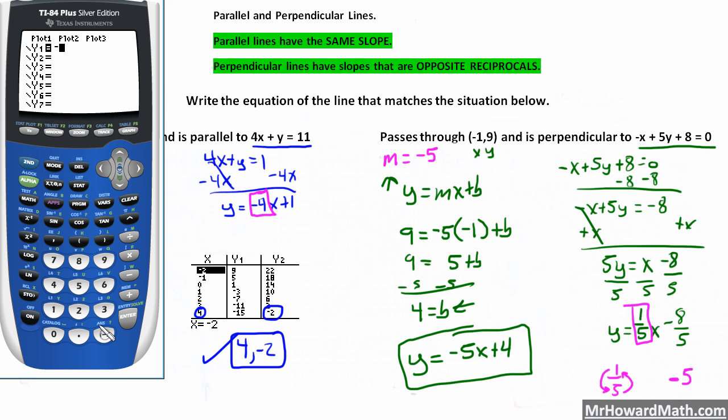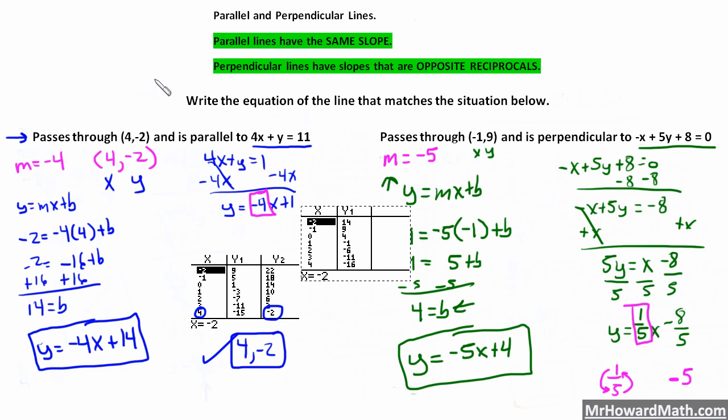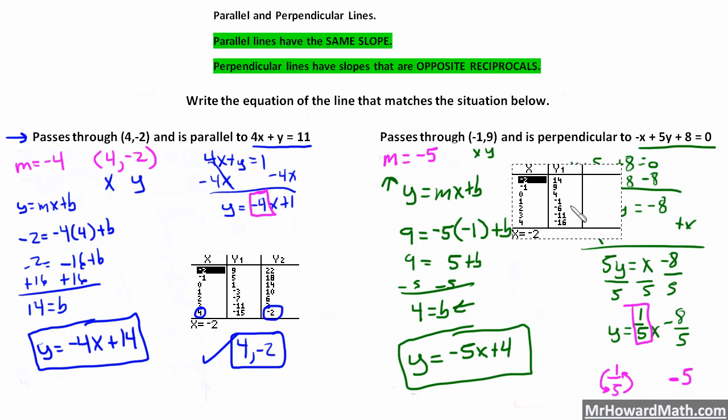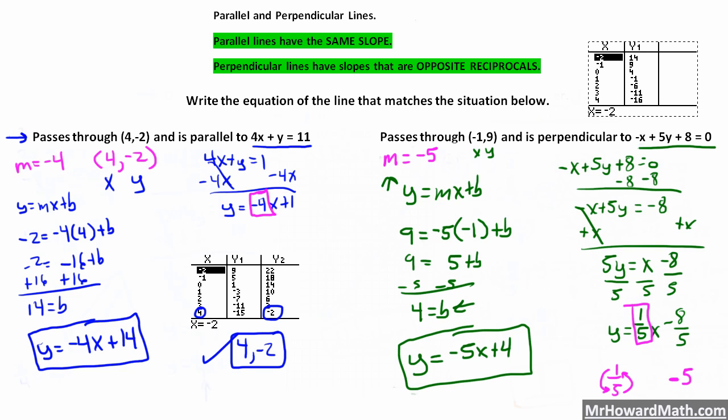That's our last check. We go in our table. We're looking for when x is negative 1, and there it is. So when x is negative 1, y should be 9, and it is right there. We have the point negative 1, 9, so we know we did it right.